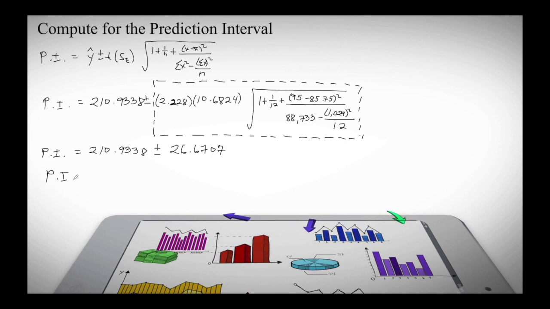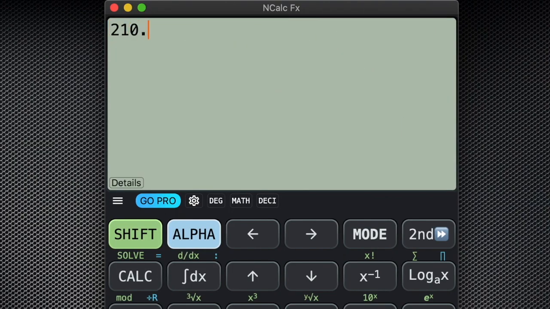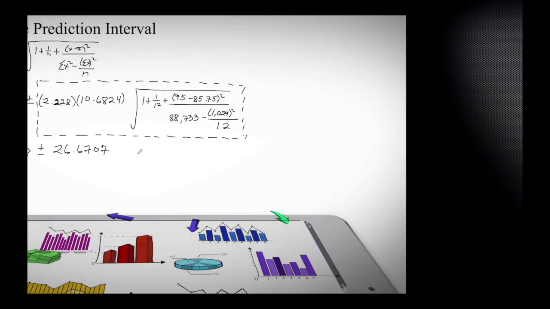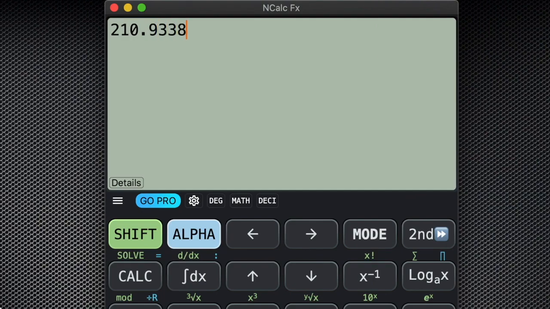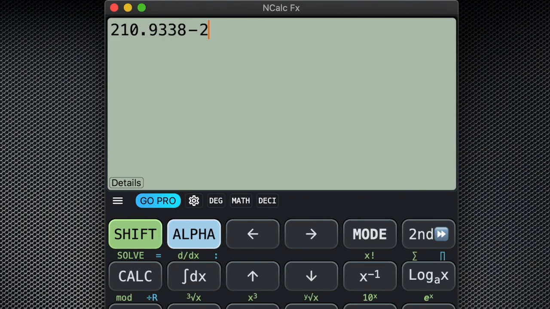Now it's time to compute the lower and upper limit. So 210.9338 minus 26.6707.